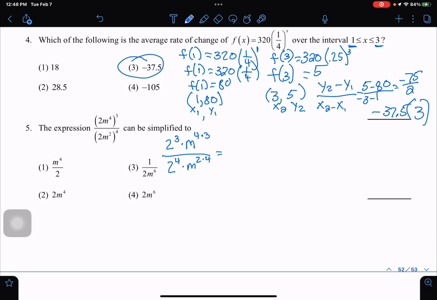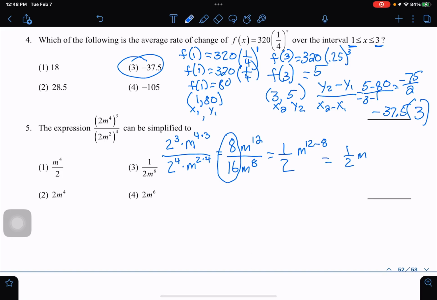All right, so 2 times 2 times 2 is 8, m to the 12th, divided by 16, m to the 8th. All right, so we're going to reduce this fraction. 8 over 16 is 1/2. And then we're going to do m to the 12. When we divide, we subtract the exponents. 12 minus 8. So we get 1/2 m to the 4th power. All right, which is number 1.